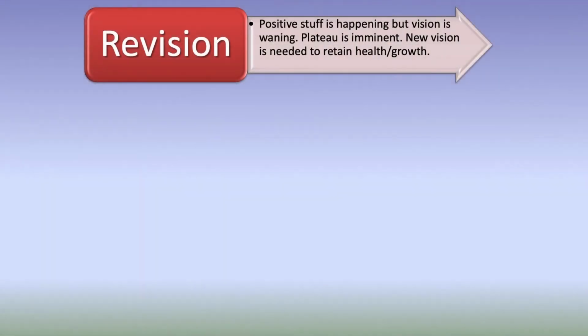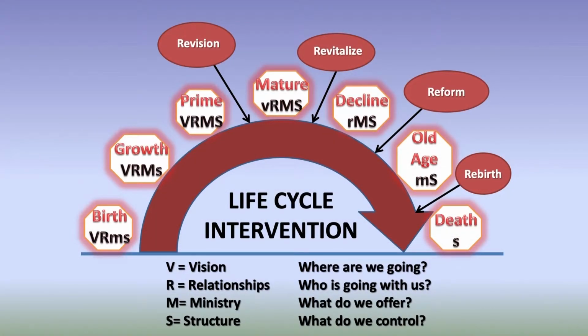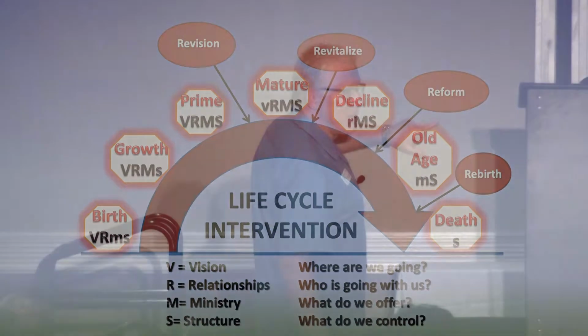Now, revisioning, and this is a little tougher to see maybe, positive stuff is happening, but vision is waning. Plateau is imminent. New vision is needed to retain health and growth. Revision. It's right there at the part where we look the healthiest. Counterintuitive.